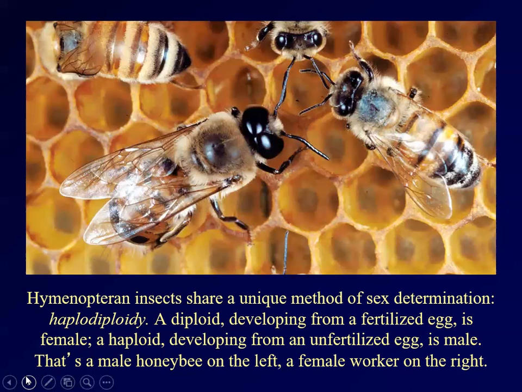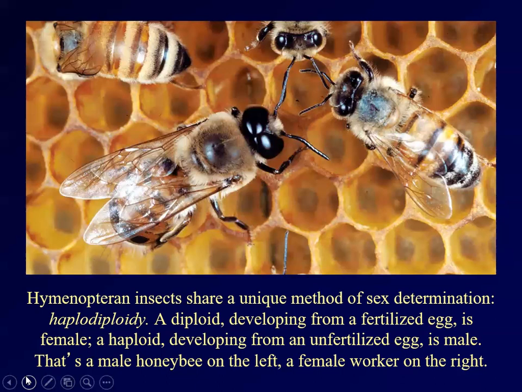And the really neat but wrong explanation is that hymenopterans have a sex determination method called haplodiploidy. An egg that has 2 of each chromosome develops into a female. An egg that has only 1 of each chromosome develops into a male.